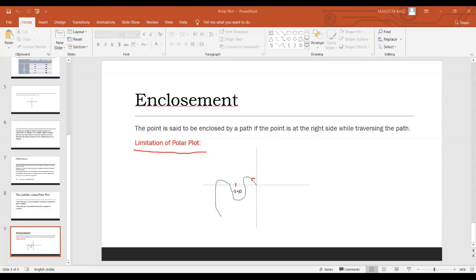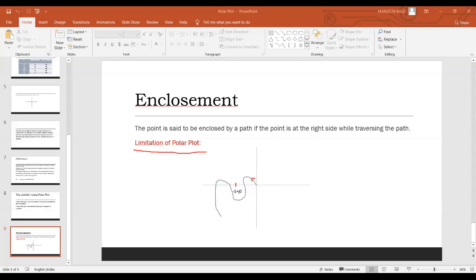In this particular session we started with the definition of polar plot: magnitude is plotted versus phase when frequency is varied. Then we saw an example. Please take a look at it. Magnitude and phase are calculated and then plotted against each other when omega is varied from 0 to infinity.